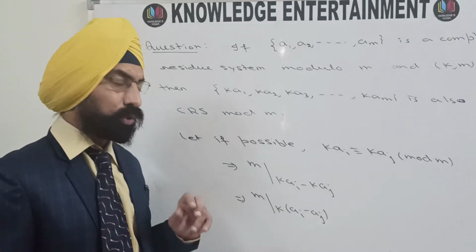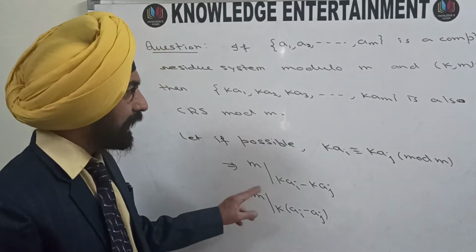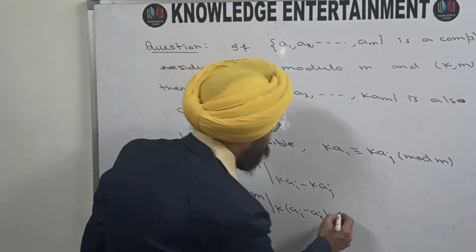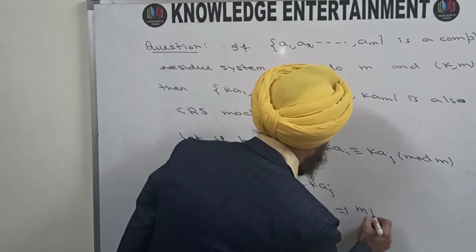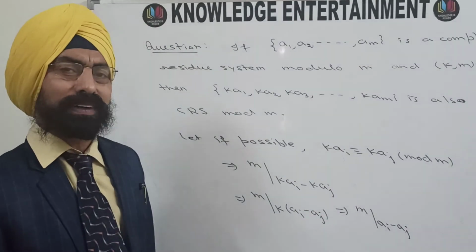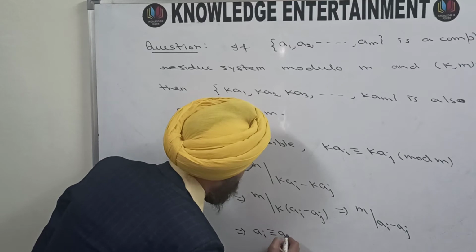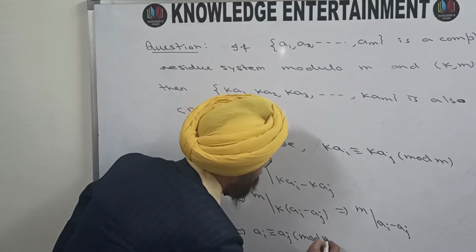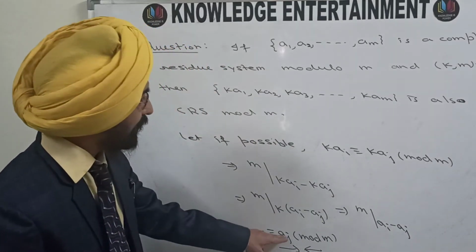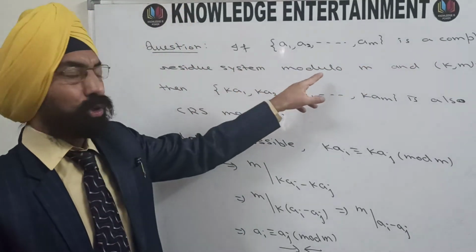So that property I am going to use here. m divides k times ai minus aj, but GCD of m and k is 1. So that means m must divide ai minus aj. And m divides ai minus aj means ai is congruent to aj modulo m. And this is a contradiction, because ai and aj are the members of this set, and this is a complete residue system modulo m.